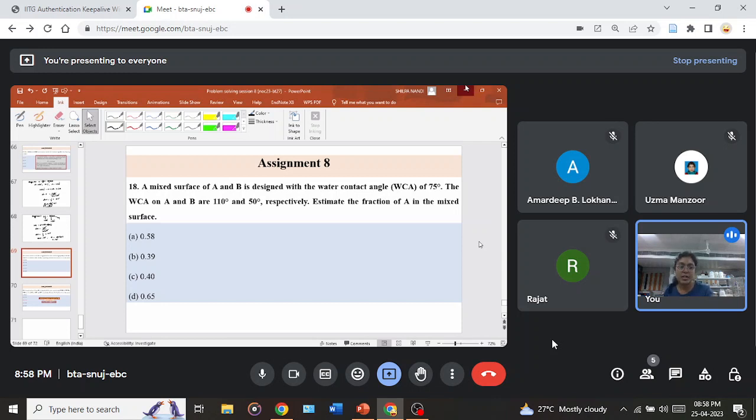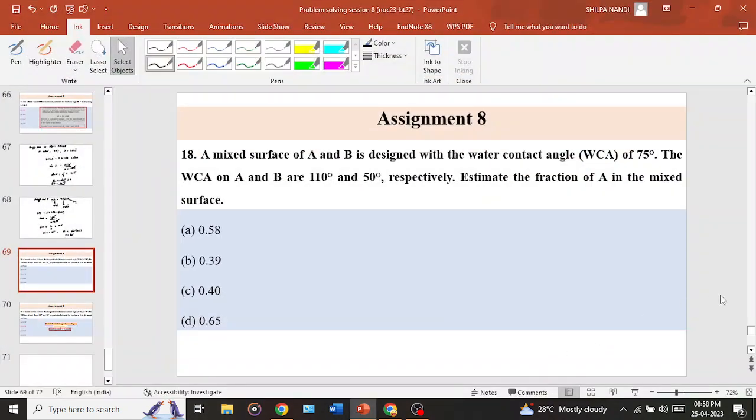So are you able to understand the question? Then I will give you one hint so that you can solve it further. Okay, let me give you the hint for this question.